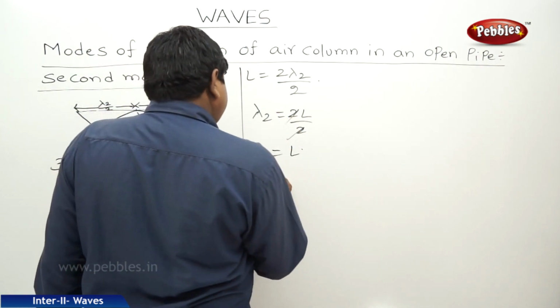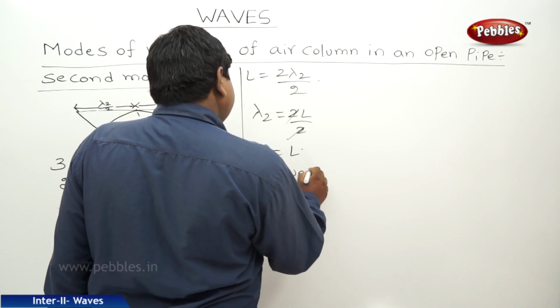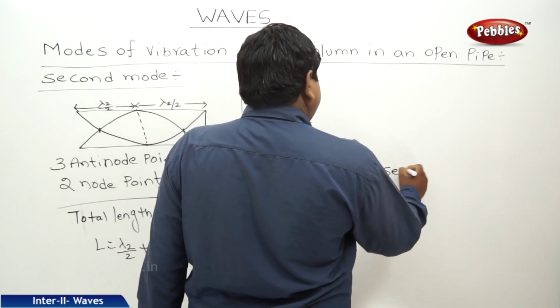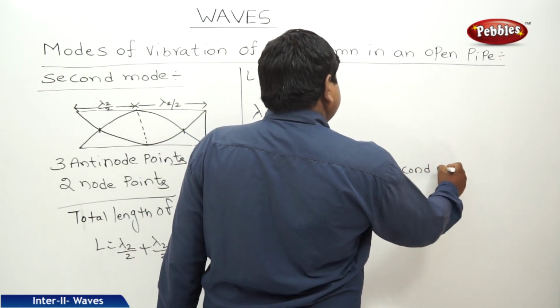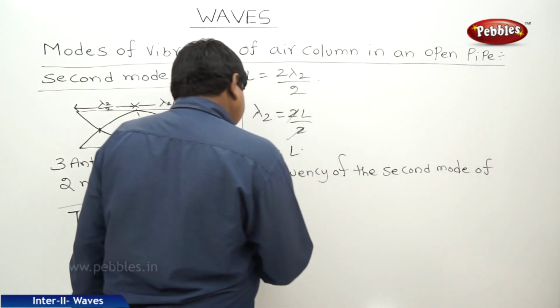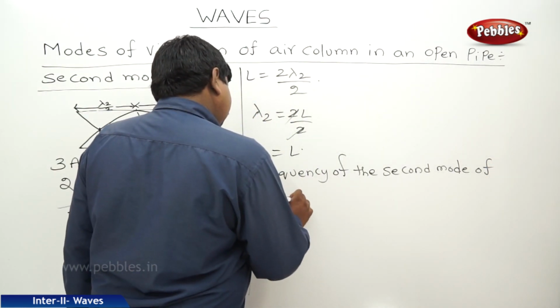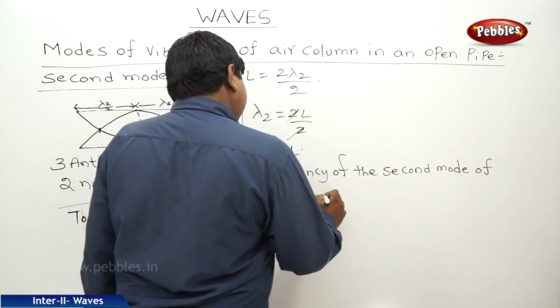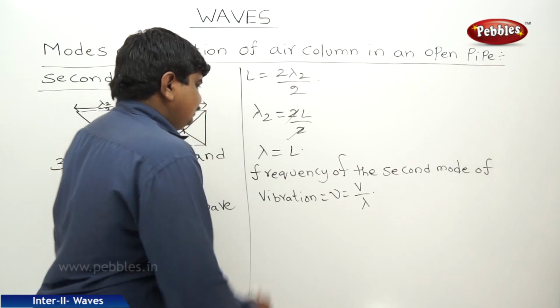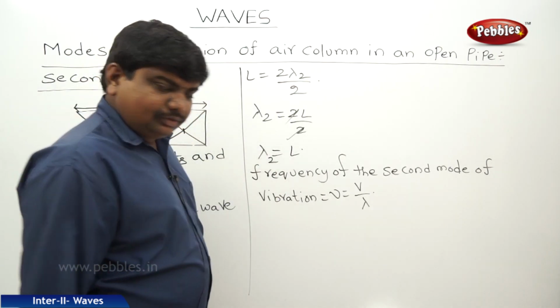So, the frequency of the second mode of vibration: nu is equal to V by lambda, so here we write lambda 2.